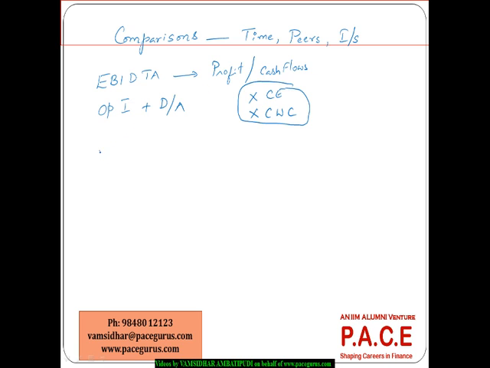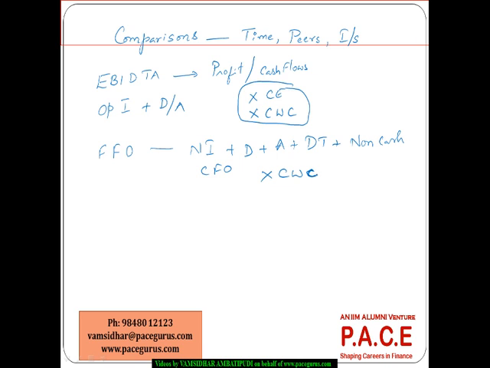On the other dimension, I can look at funds flow from operations. Funds flow from operations is primarily looked at as net income plus depreciation plus amortization plus deferred taxes plus other non-cash items. It is more like cash flow from operations, but here it does not take into consideration the change in the working capital.